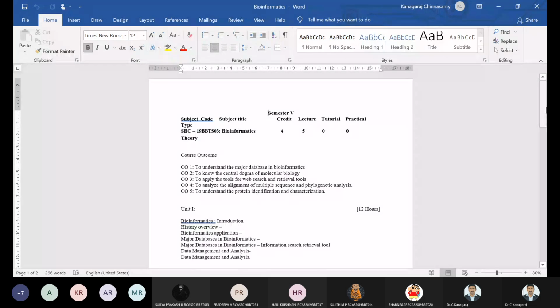So what is bioinformatics? So where are we able to apply the tools? Okay. Then application oriented. So now we are going to see the introduction.